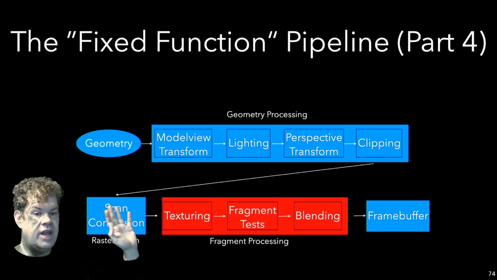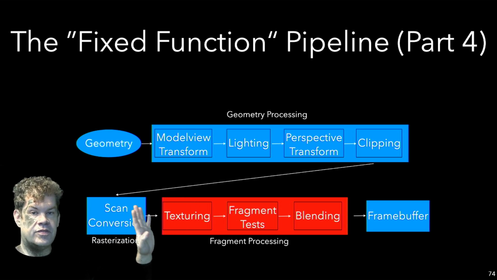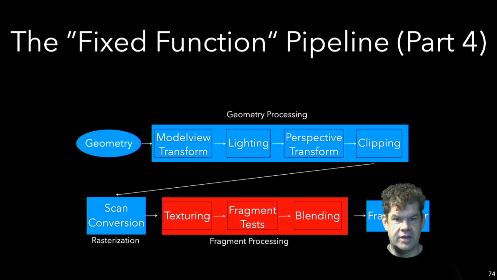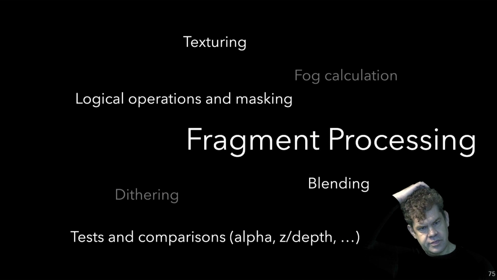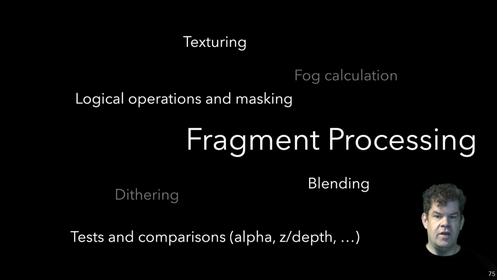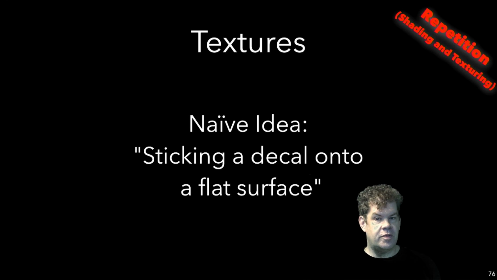So now let's look at the next part of this pipeline, the fragment processing stage, again sometimes referred to as the pixel processing stage, which is completely stupid. Thank you, Microsoft, for calling it the pixel shader. We should call it the fragment processing stage. So what happens here? A bunch of things, and one big thing that I put here at the top is textures. I talked about those before.